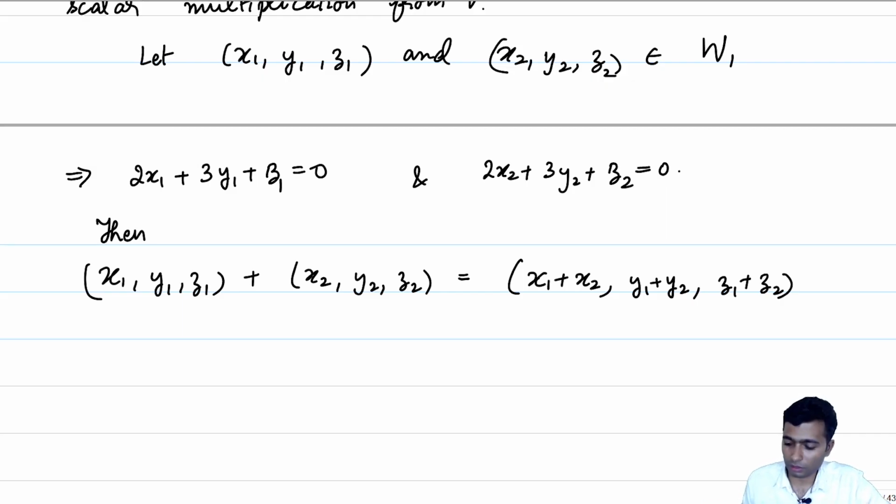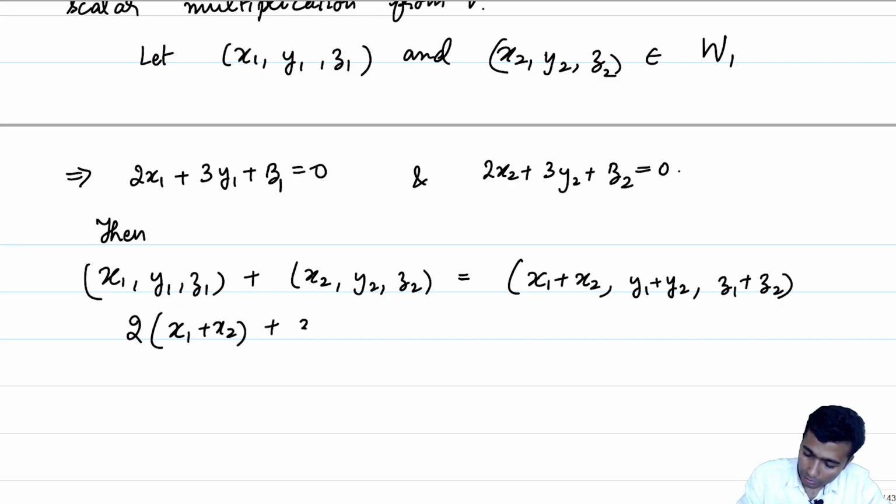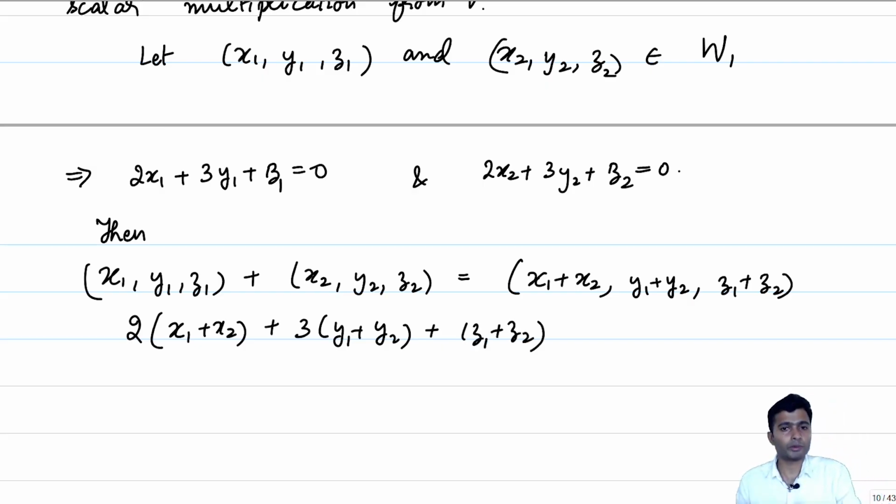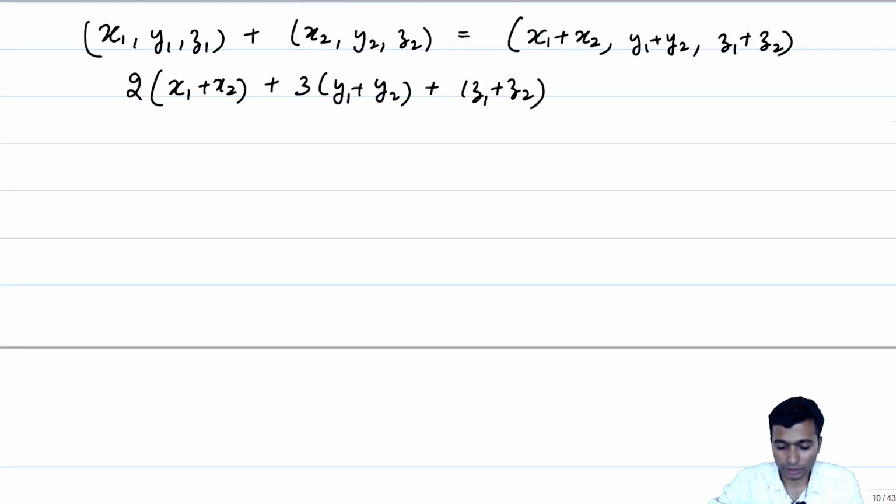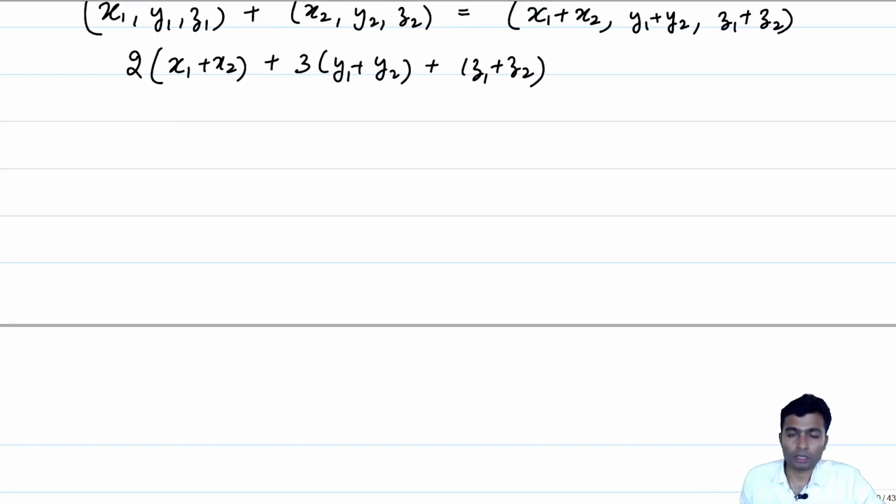But what is the requirement for this particular element to be in W1? It should satisfy the condition that 2(x1 plus x2) plus 3(y1 plus y2) plus (z1 plus z2) should be equal to 0, if at all this sum should be in W1.